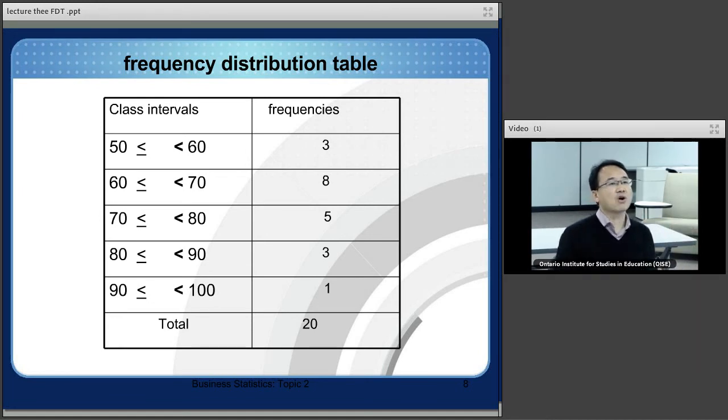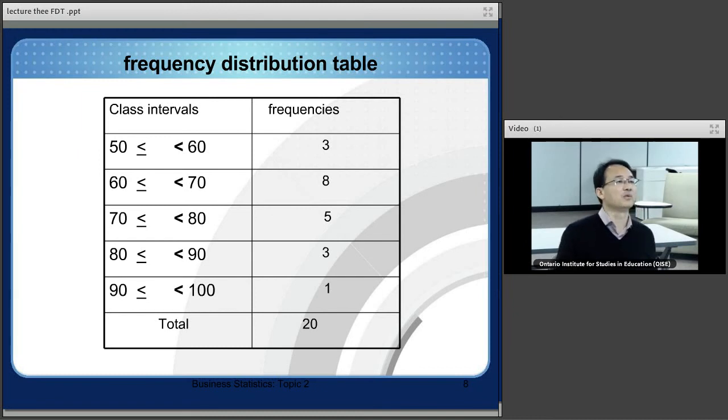In the right column, it is frequency 3, 8, 5, 3, 1. The total should be 20 because there are 20 students.